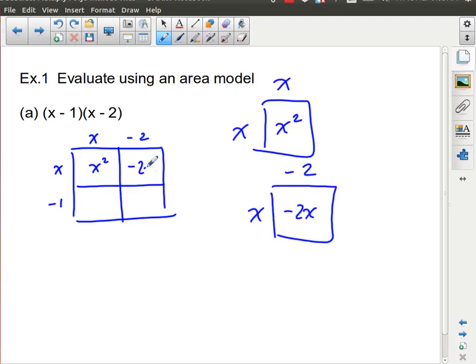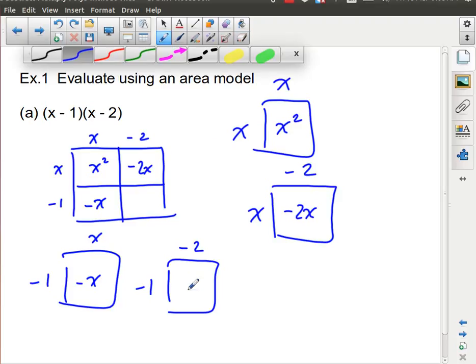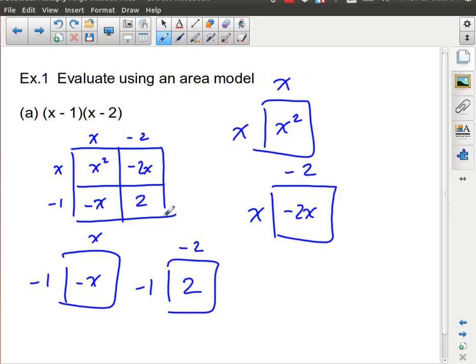That goes here. And so on. If I have x and -1, that's -x, so that goes here. And finally, -2 times -1, that's equal to positive, not +1. That's equal to +2, and that goes here.